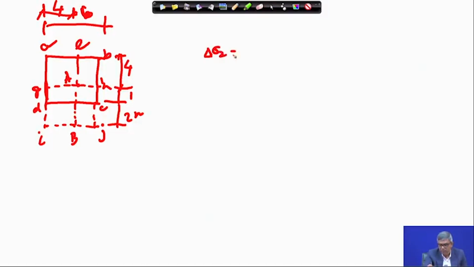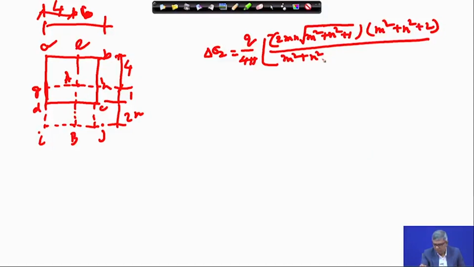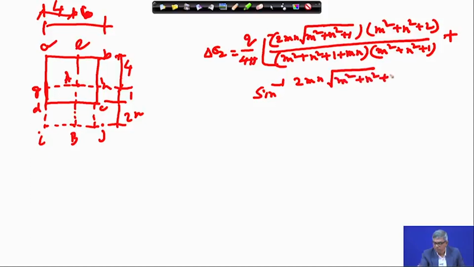delta sigma z will be equal to q by 4 pi and this will be 2 mn under root m square plus n square plus 1, and then m square plus n square plus 2 divided by m square plus n square plus 1 plus m square n square, and multiplied by m square plus n square plus 1, this plus sin inverse 2 mn under root m square plus n square plus 1 divided by m square plus n square plus 1 plus m square n square.